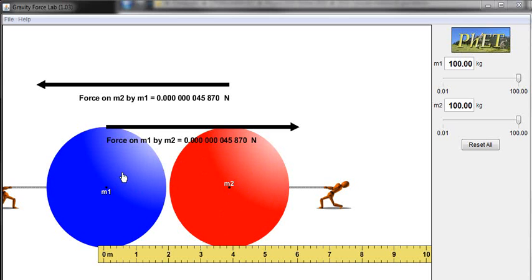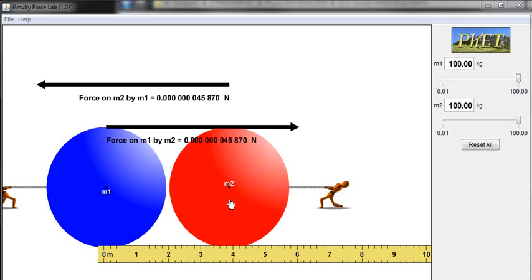So you can see that the force between two 100 kilogram masses, if they are 4 meters apart, and remember, since these are both spherically symmetric, we can assume that the masses are all concentrated at the center, is tiny. This is in newtons, and they should have written these in scientific notation, but the force between two 100 kilogram masses 4 meters apart is very small.